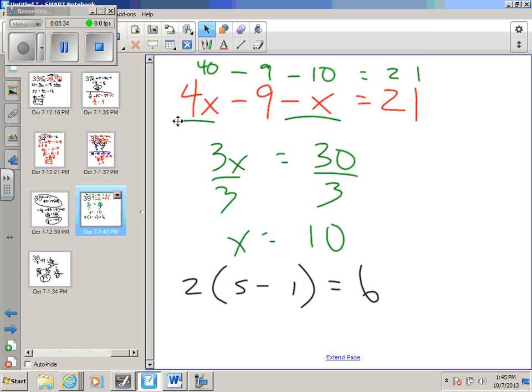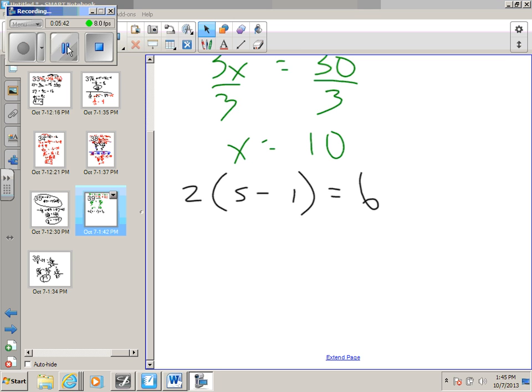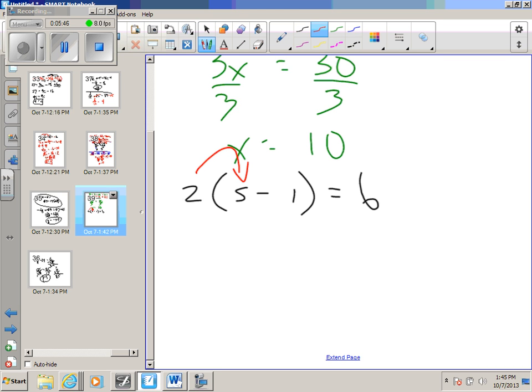What property is going to be used here? Very good, Sophia. Distributive property. So let's use it. 2 times S. It's an S, not a 5. 2 times S, 2S.